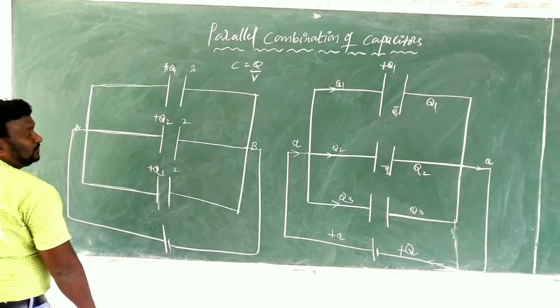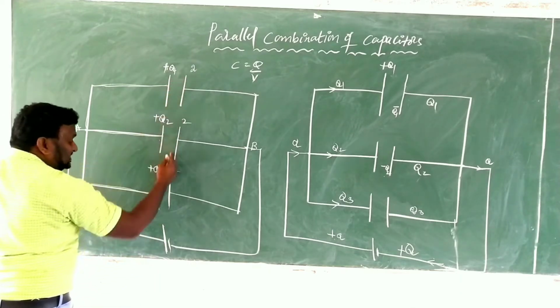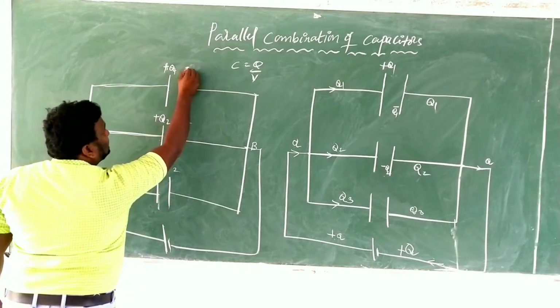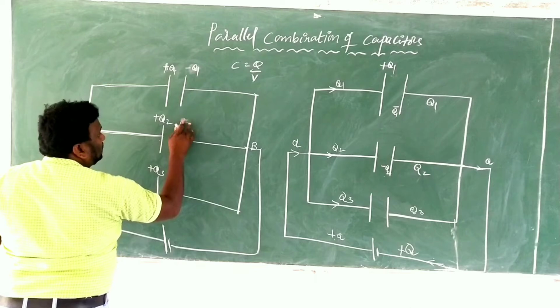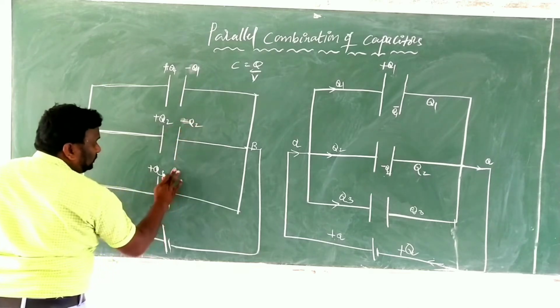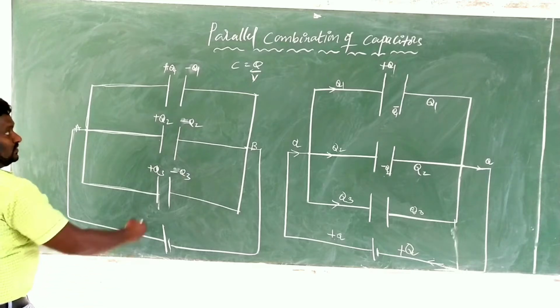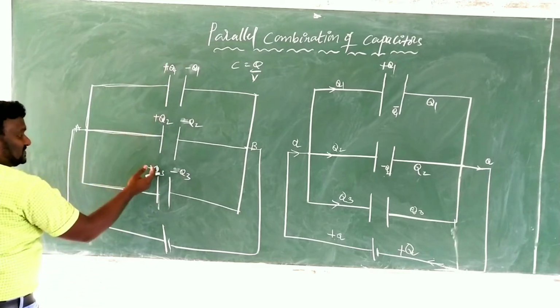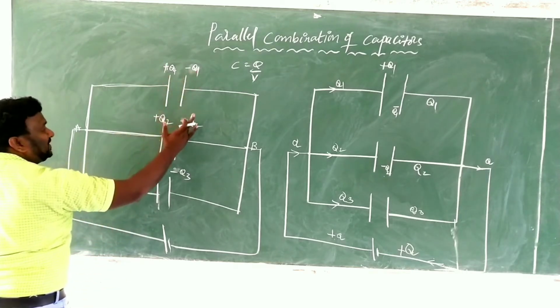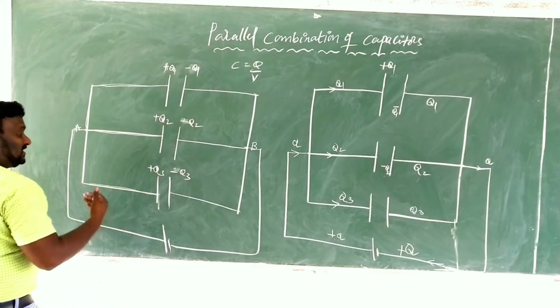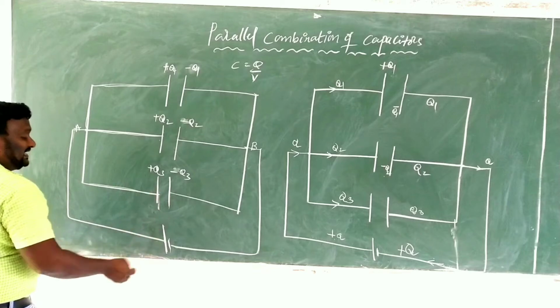All the second plates are given to the negative, so we show minus Q1, minus Q2, minus Q3. That means the charges are Q1, Q2, Q3 like that.